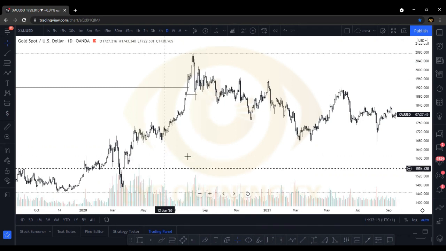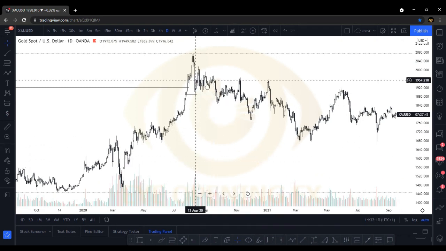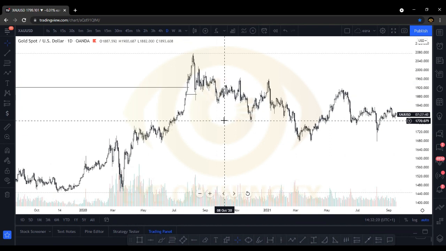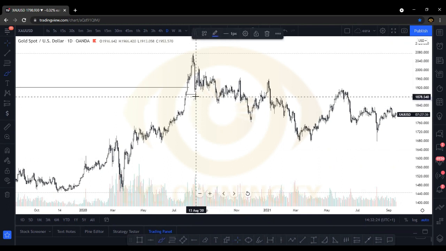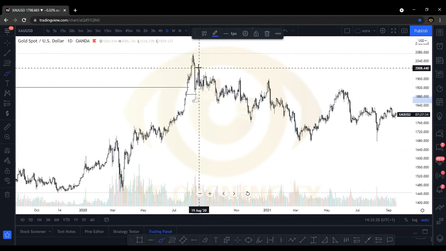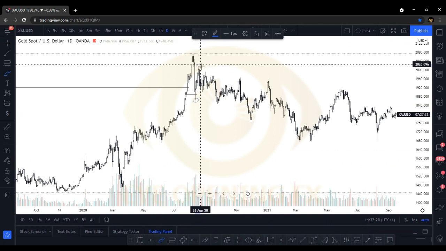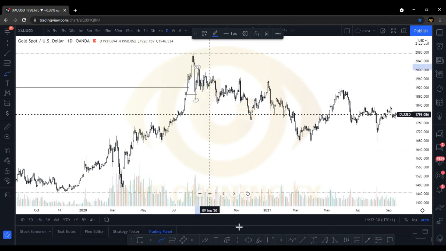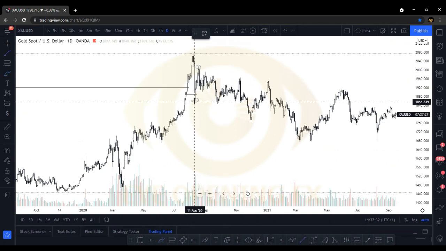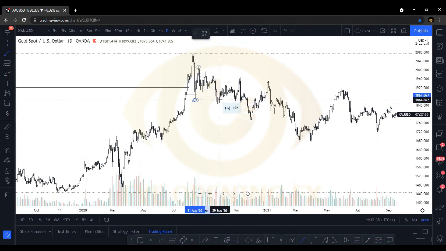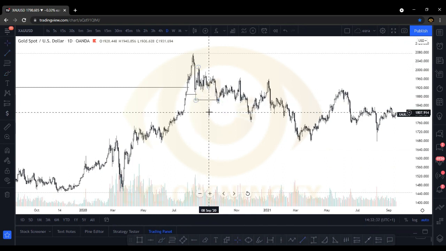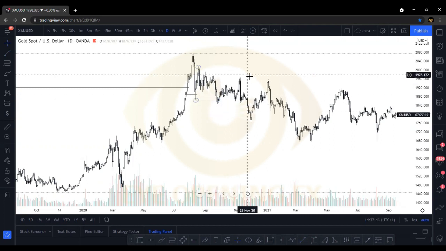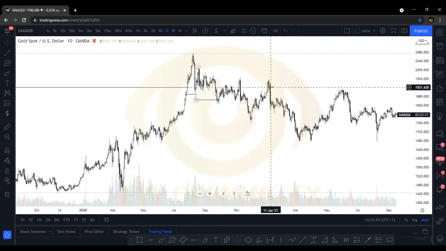Since the market has told you that, your first idea is this: after the market creates a lower low, you just take a little sell, the market creates a lower high. After creating a lower high, the market creates a lower low. This means we have gotten a break of structure to the downside.